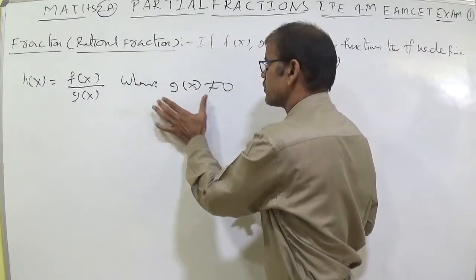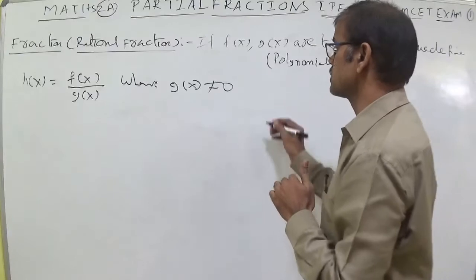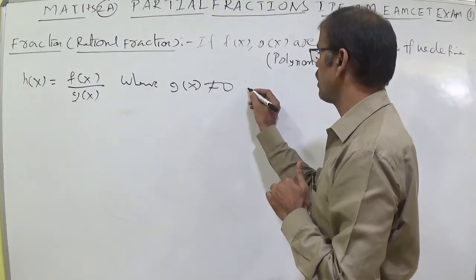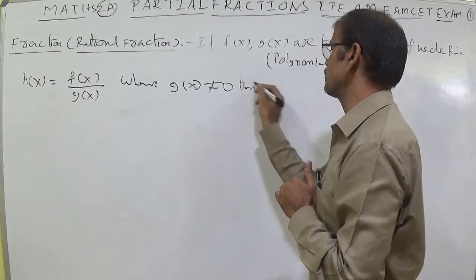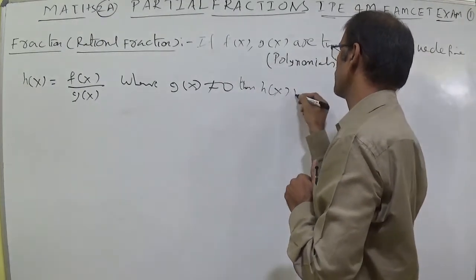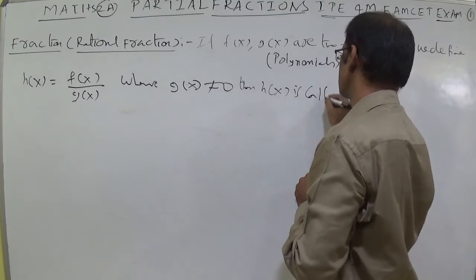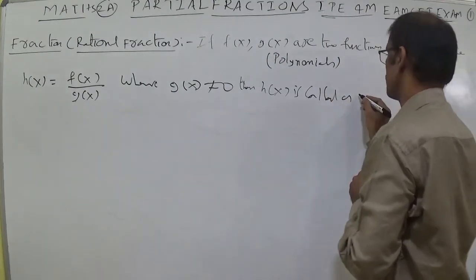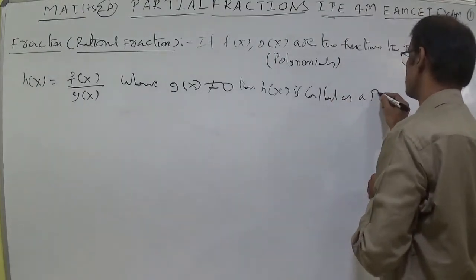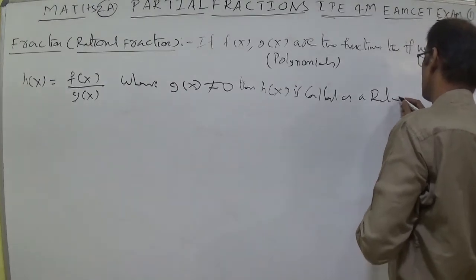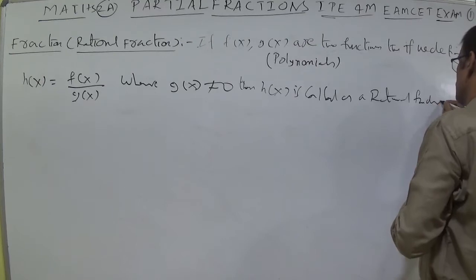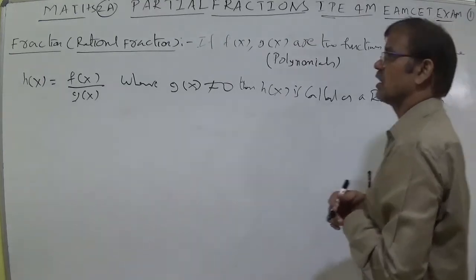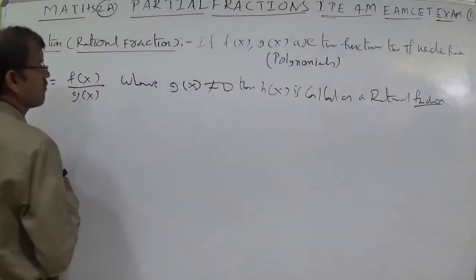So where g of x not equal to 0, then h of x is called a rational function. H of x is called a rational fraction.